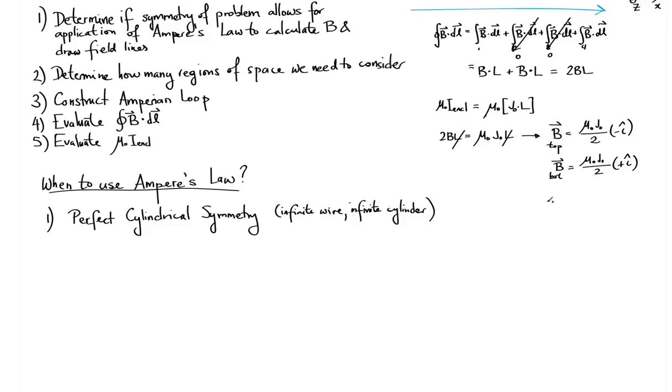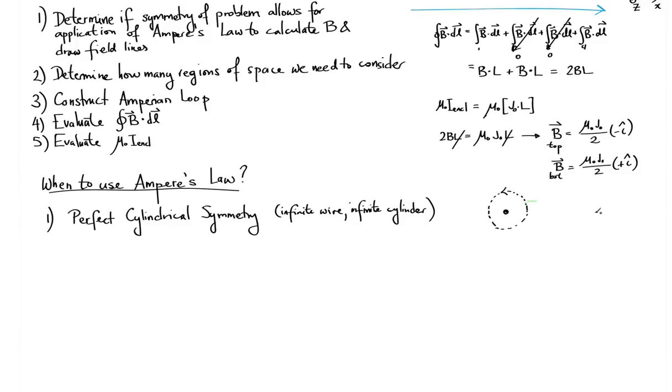For instance, if we had an infinite wire coming out towards us, we know the magnetic field is going to be exactly circular. So what that means is I can pick my Amperian loop to be corresponding circles.